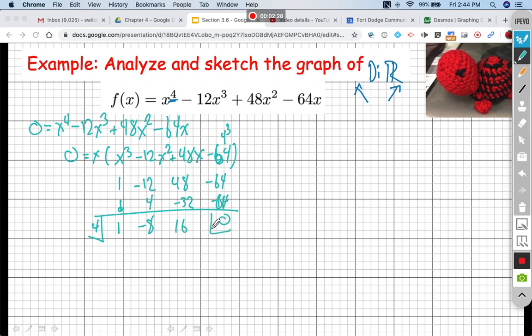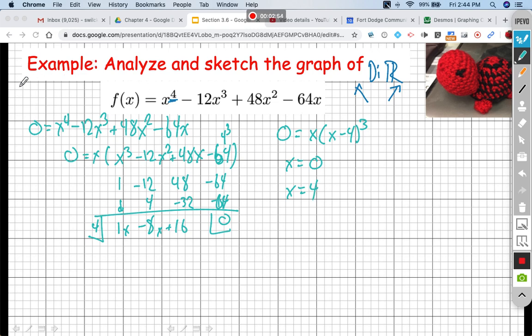I got a remainder of 0, so that works. And x squared minus 8x plus 16 is x minus 4 squared. So I can say 0 equals x times x minus 4 cubed. So x is going to be 0, or x is going to equal 4.